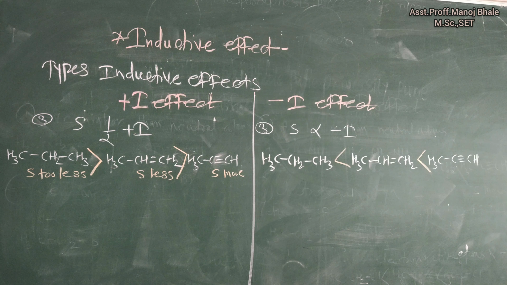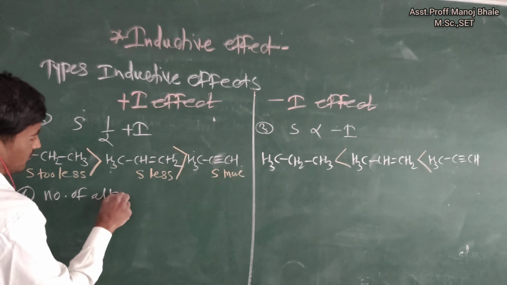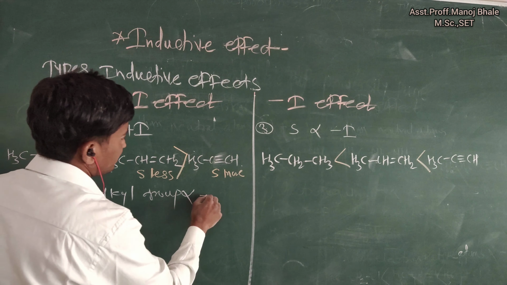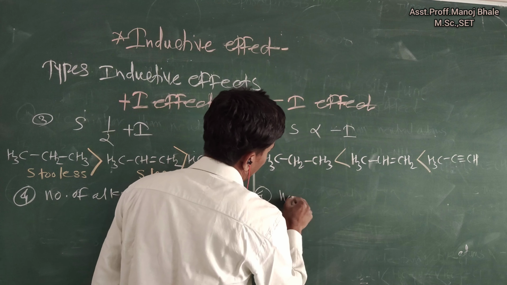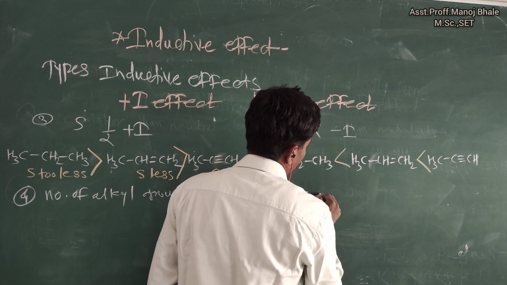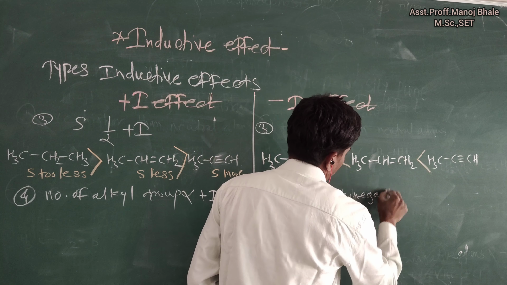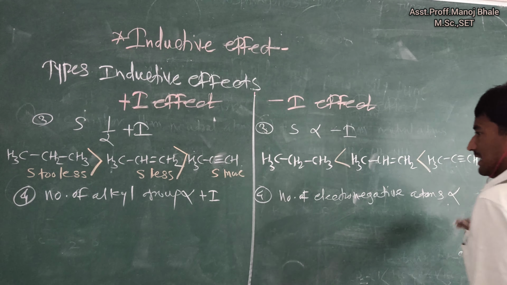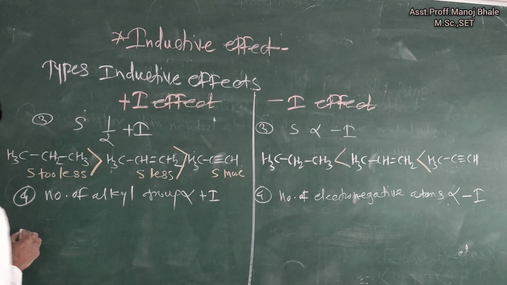Next is the fourth difference, about the number of alkyl groups. The number of alkyl groups is directly proportional to the plus I effect. But in this case, the number of electronegative atoms is directly proportional to the minus I effect. Let me check with an example.